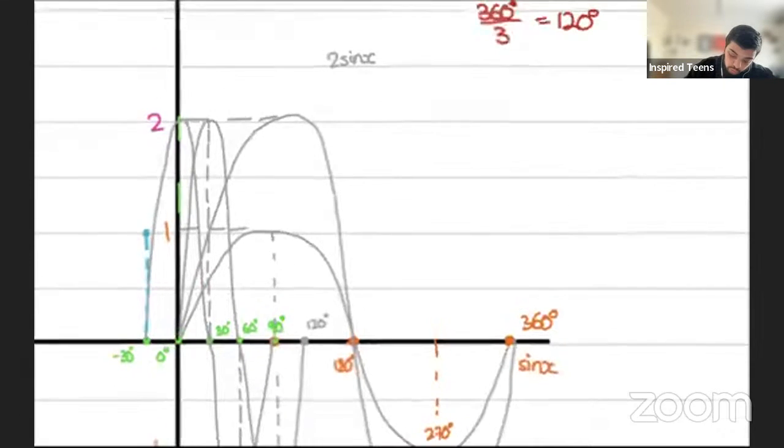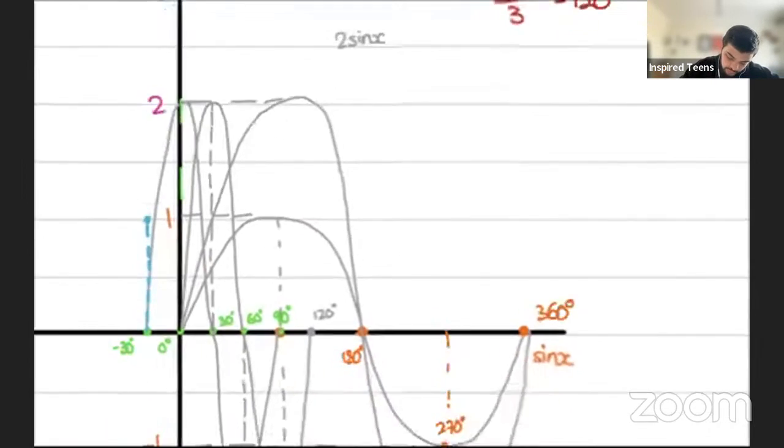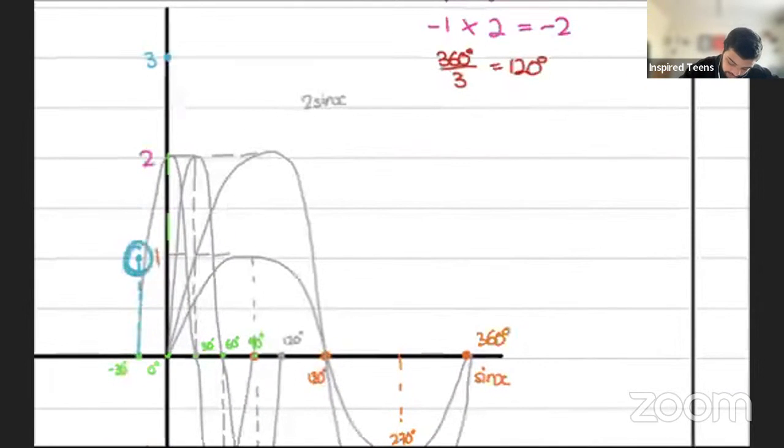Okay, 0 and 2 all the way up here. That was the old turning point. You can even see the old coordinate is there. 0 and 2, instead of being 0 and 2, it's now going to be 0 and 3. It's going to be shifting 1 unit up. So this is going to be 3. Okay, so we're starting here. This is like our start point. This is our turning point, right?